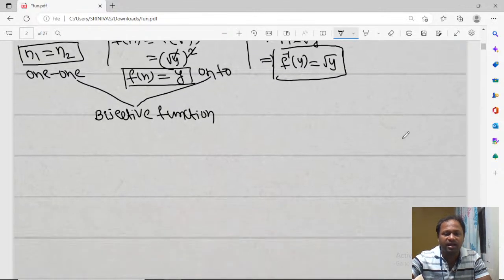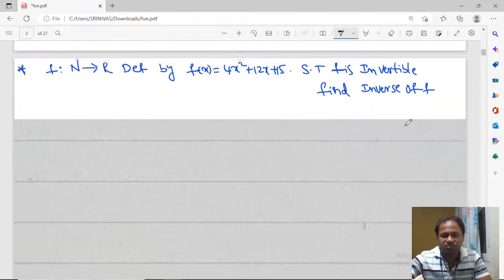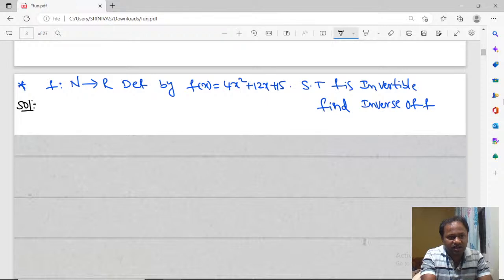Okay. Next, I will move on to one more problem. So many people will have confusion in this. So first, before doing the solution, I will simplify this. f of x is equal to 4x square plus 12x plus 15. I will write it as 2x whole square plus 12x.